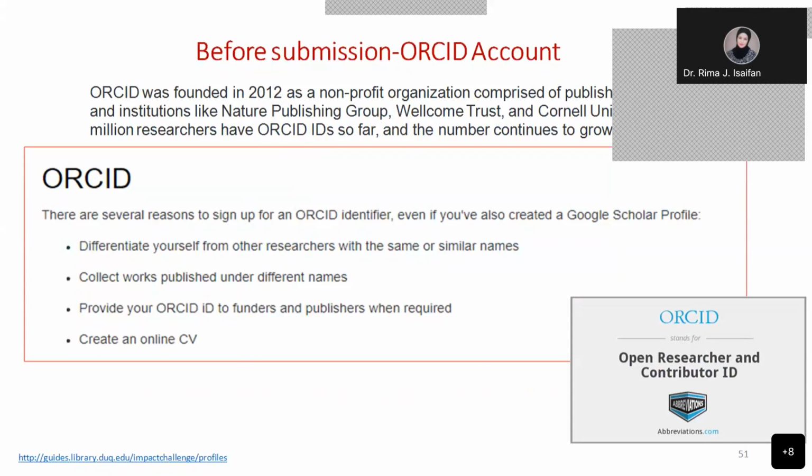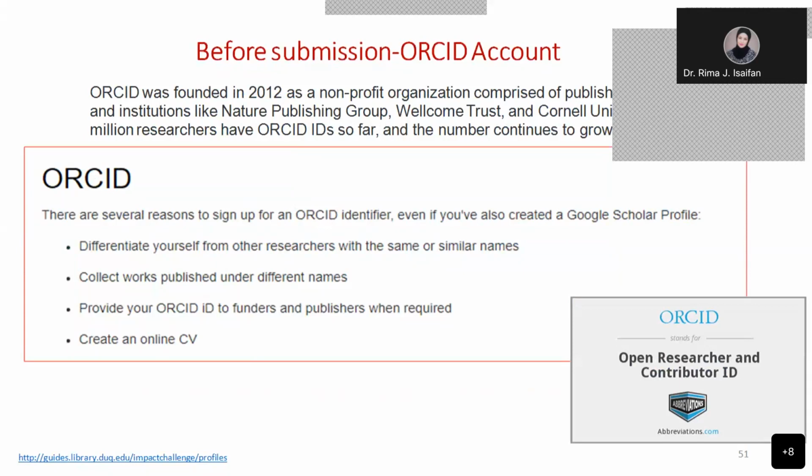Maybe I have it Rima J Seifan. Maybe I have it Rima Seifan. However, it's always preferred on your publication to use one of the name formats of your own, so that it doesn't get mixed with other names, especially if we have similarity in family names with other researchers globally. So that is something that it's always advised to follow.